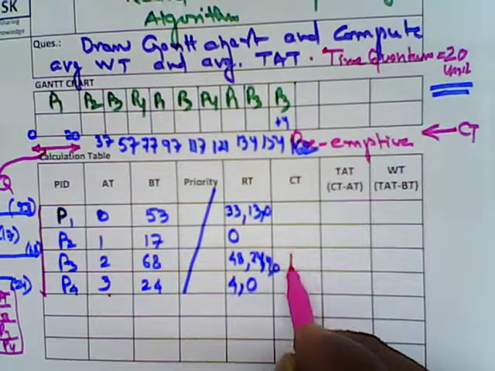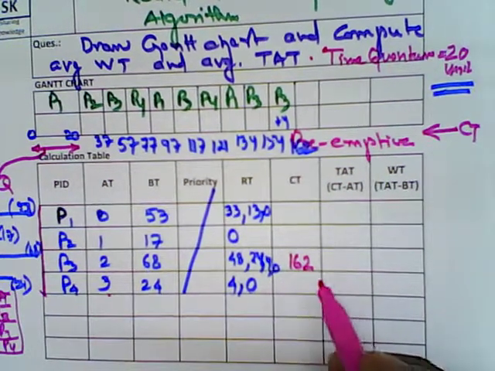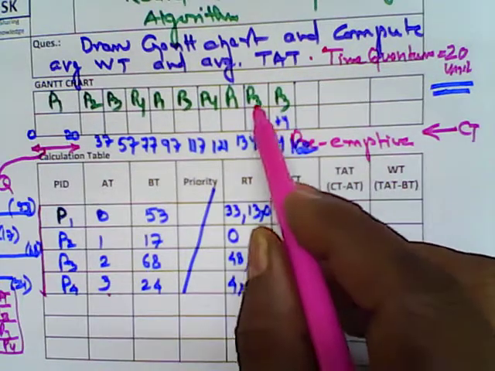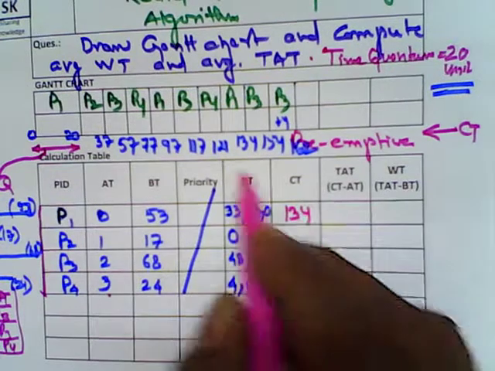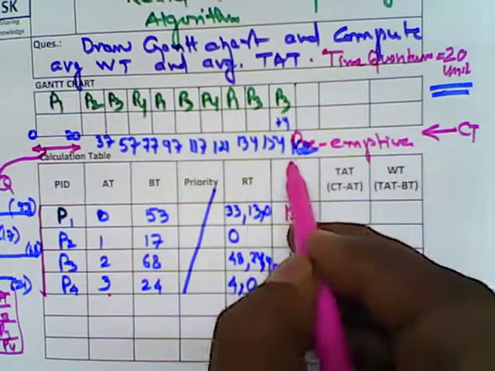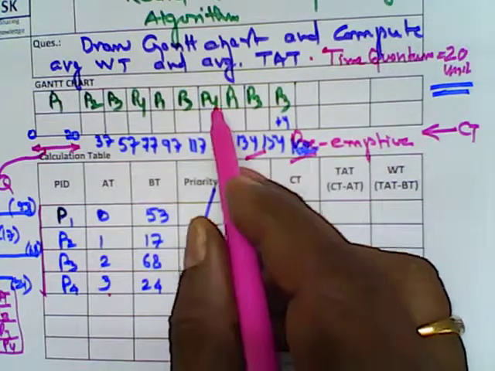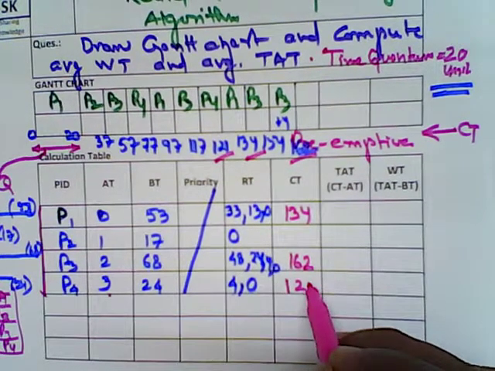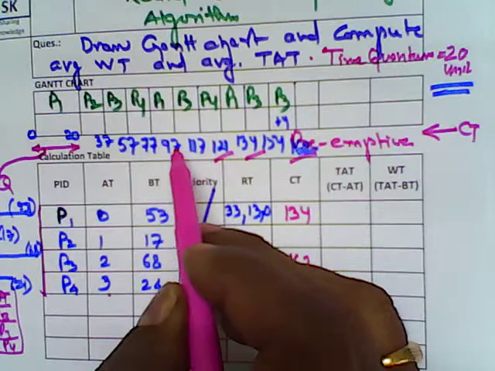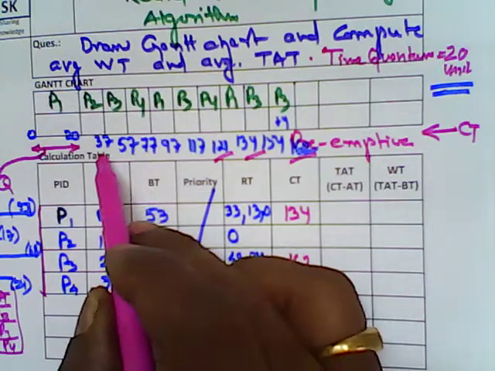Then P1 is how much? 134. Then P4 completion time is how much? It is 121. And then we go further, and we see that P2 completion time is at 37.